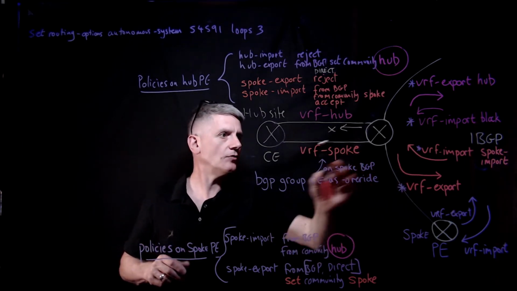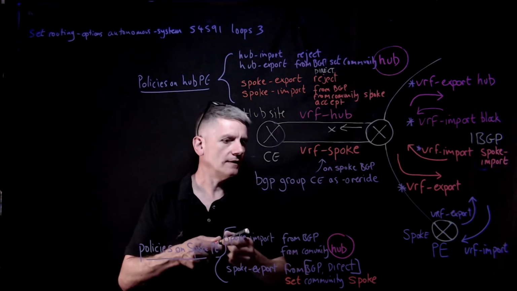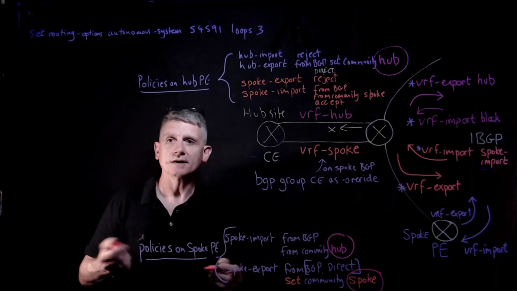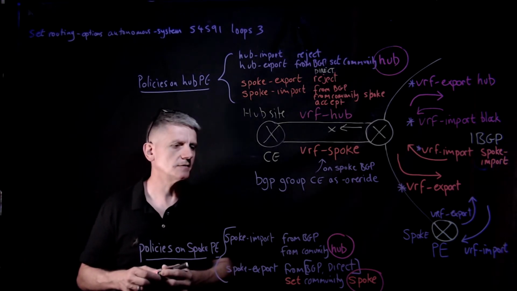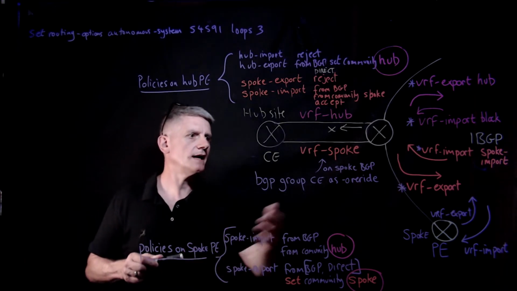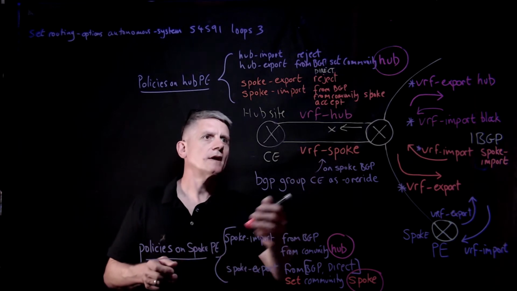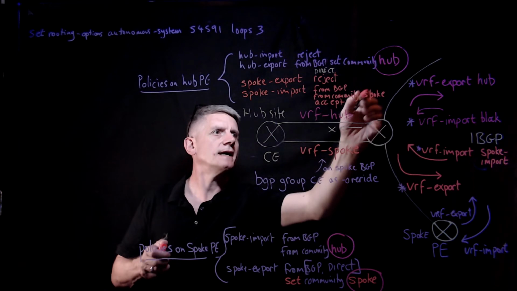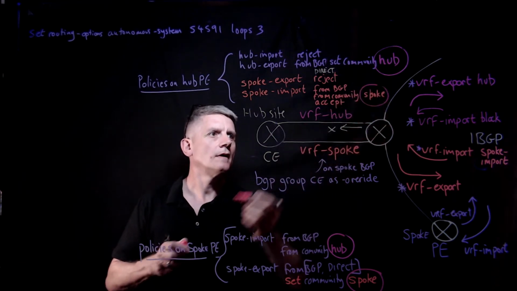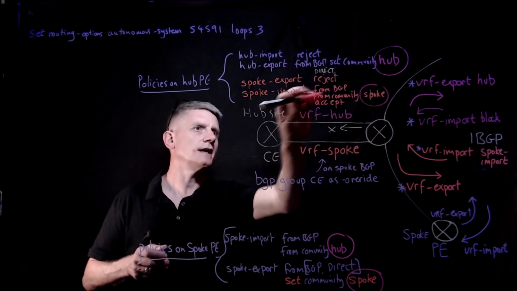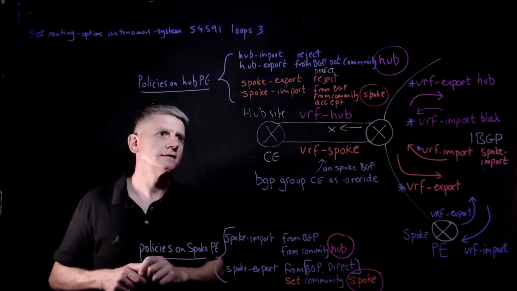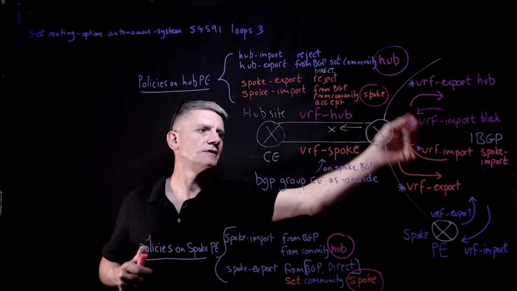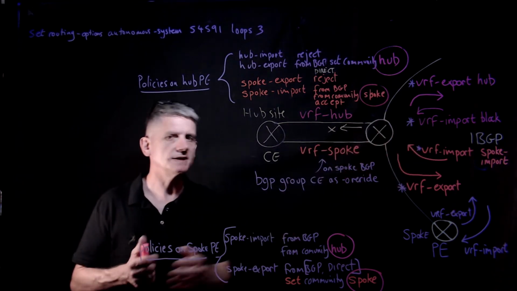So the import, it will be looking for the value, community value of spoke, which of course is a target, community value target of spoke, and it will be importing them up here. So from BGP, from community spoke, accept. And on the way out, it won't be exporting anything. So hub exports, sets community target, spoke imports, receives community target.